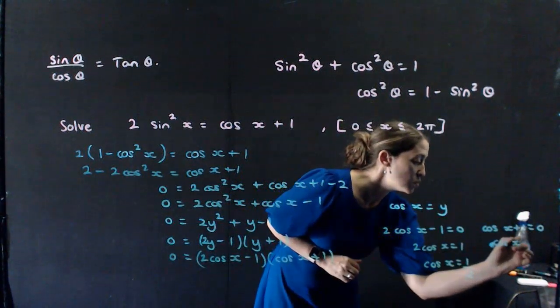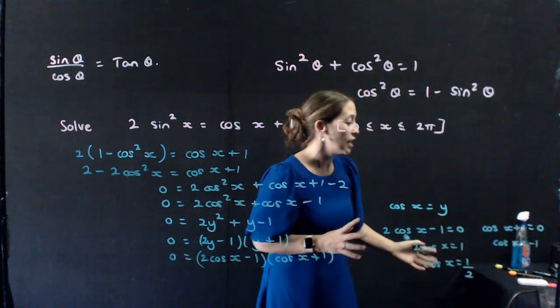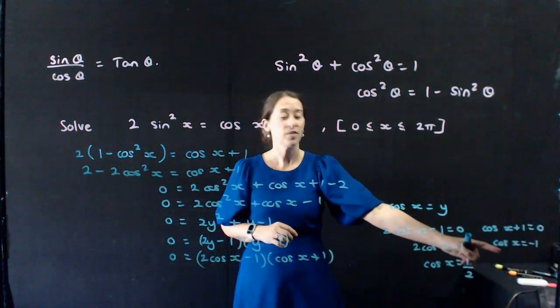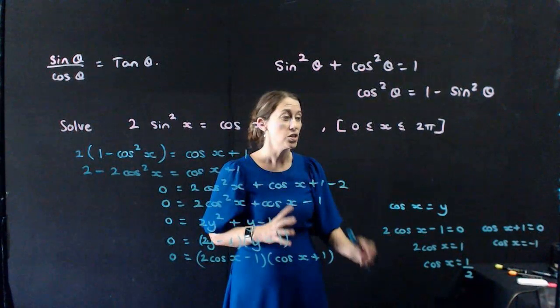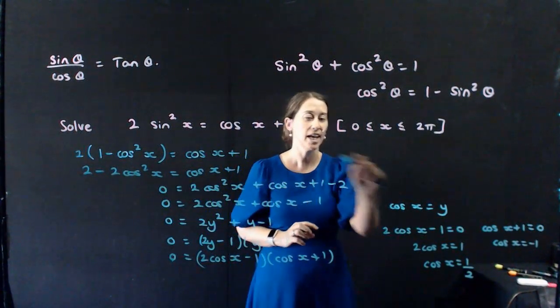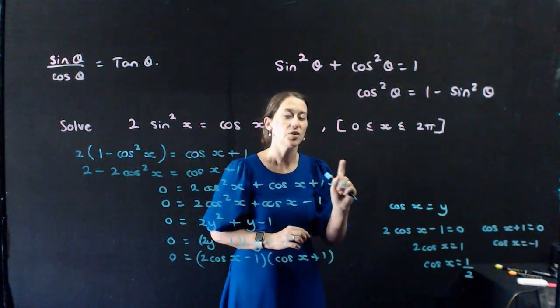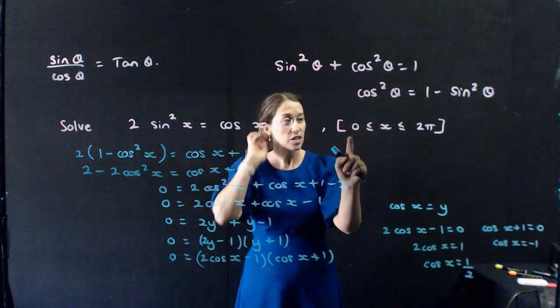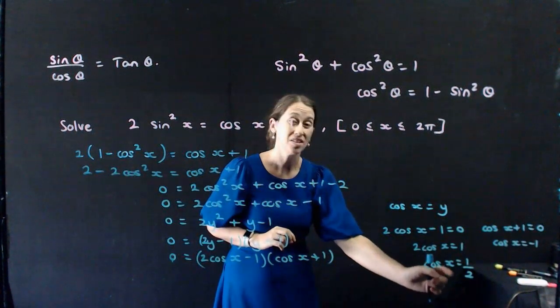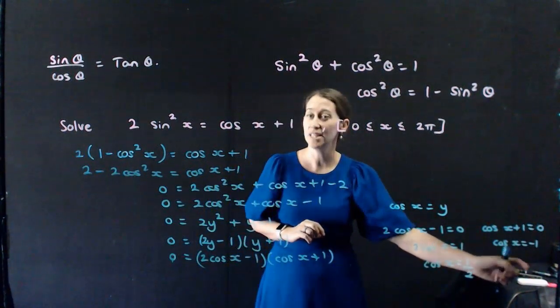Cos x equals -1. If you think about that, that's a boundary angle, so you can look on your unit circle. The key thing here is we've got a domain that we're trying to solve within. So we're only interested in those values between 0 and 2 pi, which is one rotation around the unit circle. Cos x is positive here, and cos x is negative here.